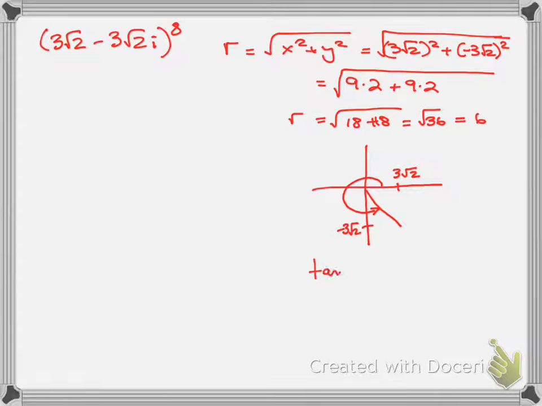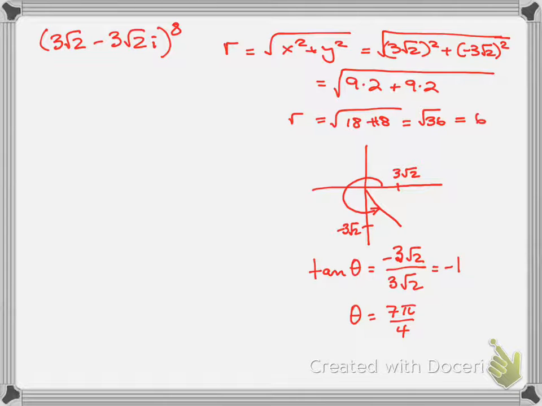So the tangent of theta is equal to negative 3 square root of 2 divided by 3 square root of 2, which is equal to negative 1. So the angle in quadrant 4, therefore, is 7 pi over 4.